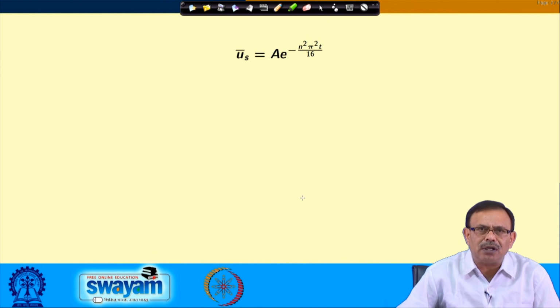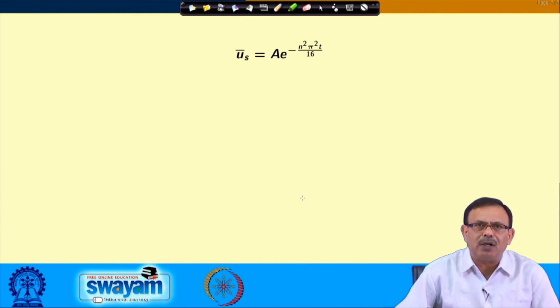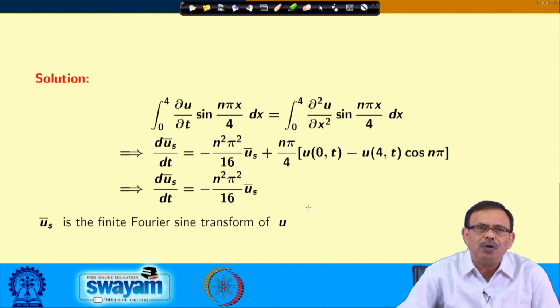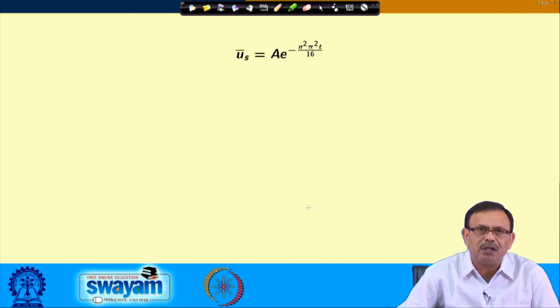Once I get this, I can obtain u bar s equals some constant A into e to the power minus n square pi square t by 16. This is the solution of the ODE which I obtained here, that is d u bar s dt equals minus n square pi square by 16 into u bar s.